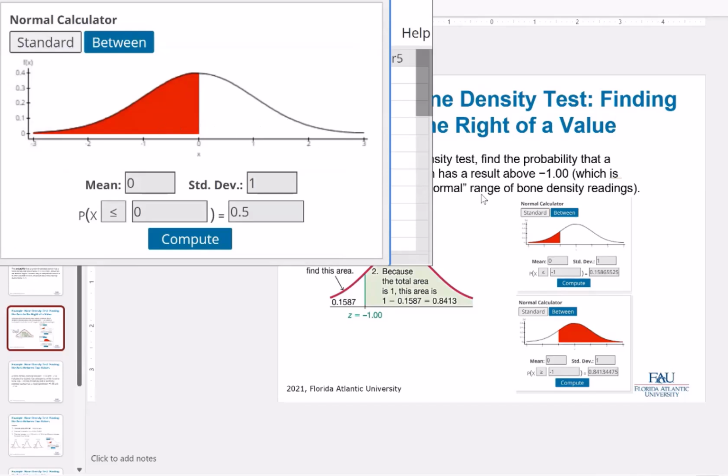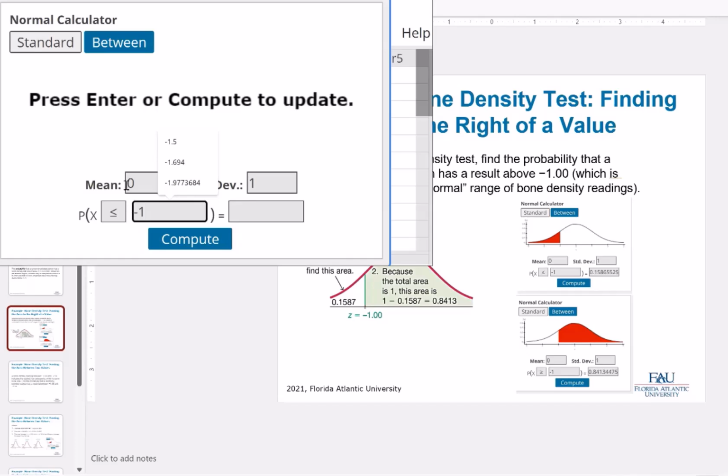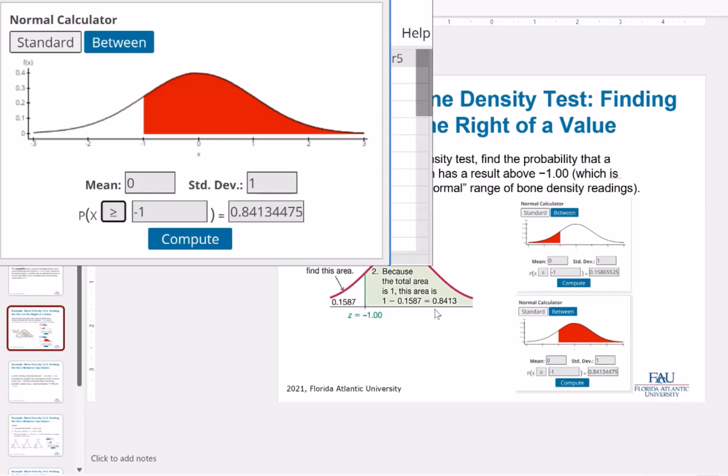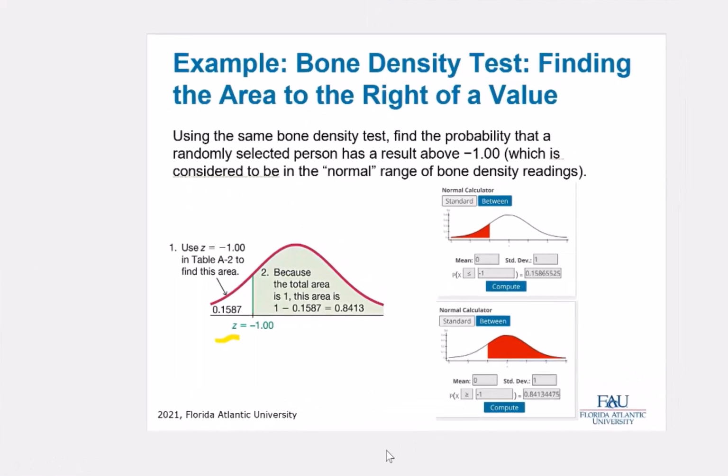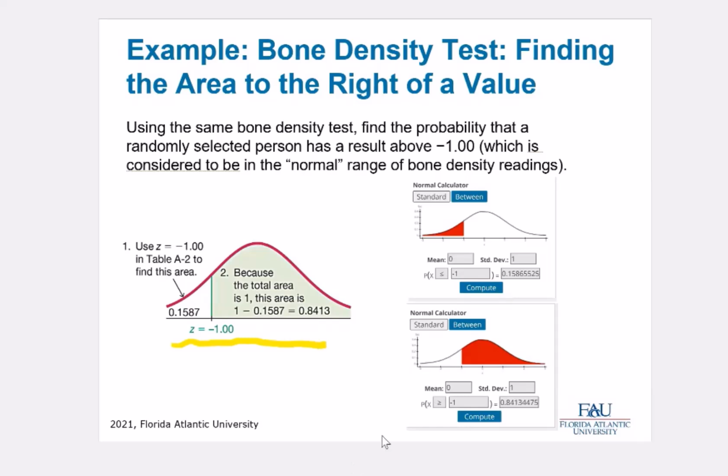So if we want above -1, that's my z-score. That's not my probability, right? So I put -1 in here, but I want it to be greater than or equal. And I get 0.8413, which is exactly what it shows right here for z equals -1.